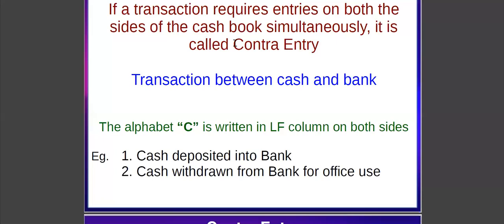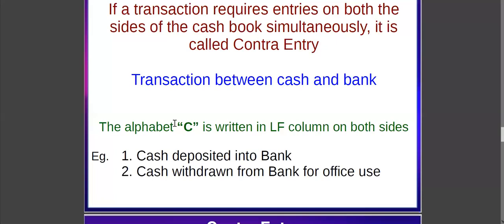So this is called contra entry. One entry will affect both sides, a transaction between cash and bank. The letter C is written in the ledger folio column on both sides. This is the symbol of contra entry.